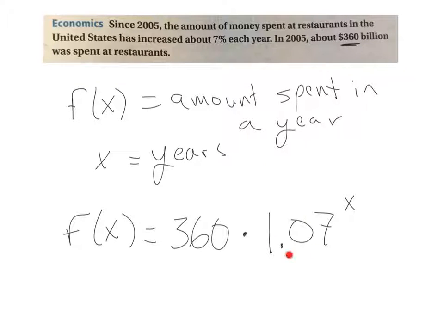And you might ask, okay, but where does the 1.07 come from? That's what I don't understand. Well, let's pause for a second on this problem and look at that separately. If we start off with $360 and we want to add 7% to that each year, well, that means we don't want just 7% of that number.